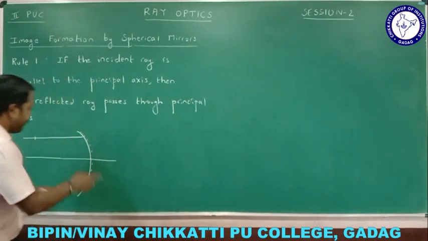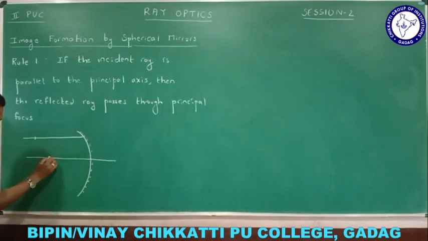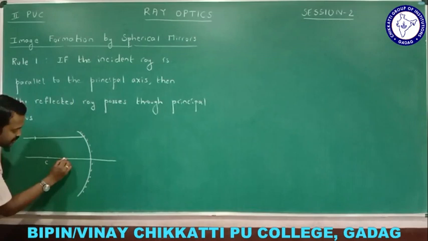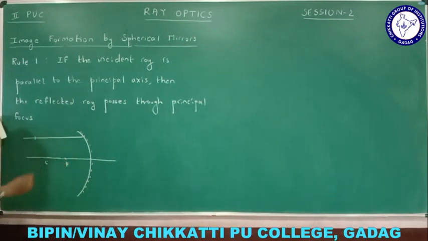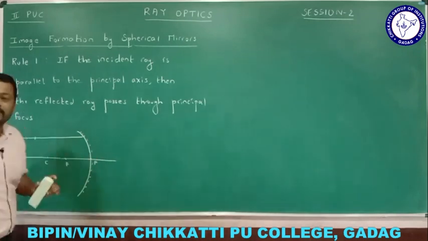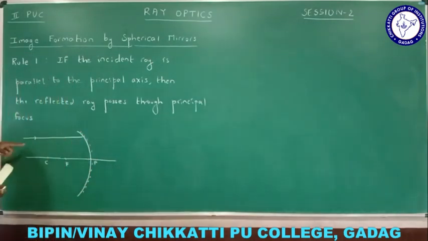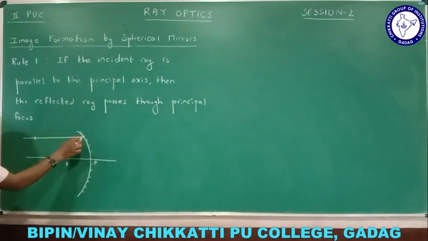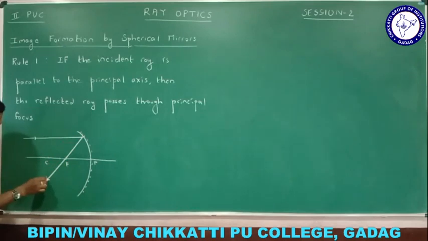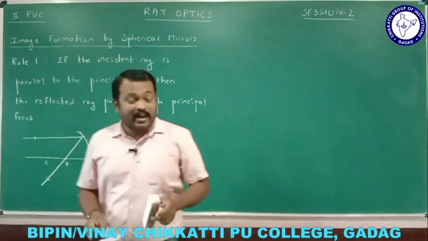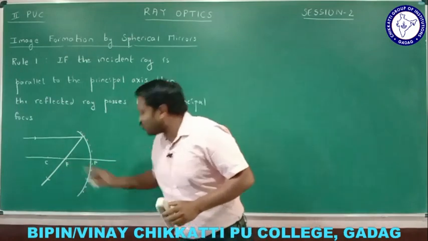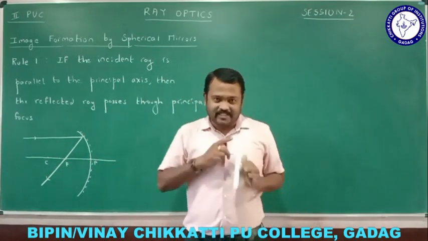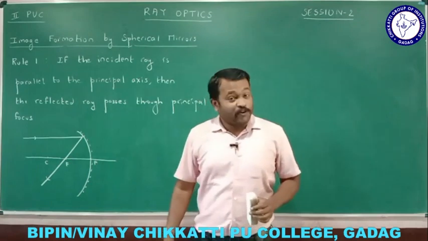Let us imagine this is a sphere and this is the center of curvature, and we have studied in the last class that principal focus will be exactly at the midway between center of curvature and the pole of the mirror. If the incident ray is parallel to principal axis, then the reflected ray passes through the principal focus. This is in case of a concave mirror.